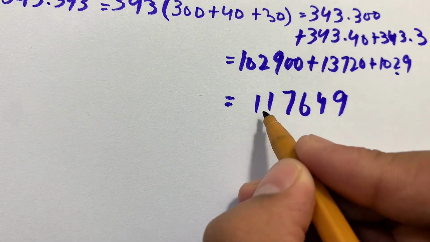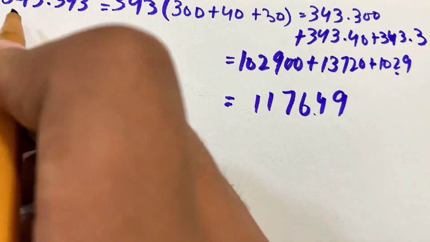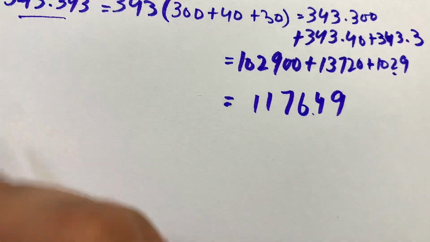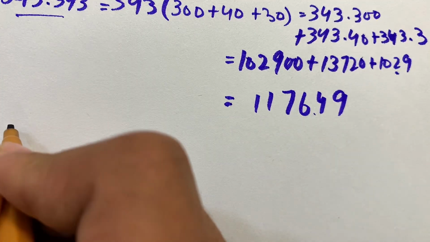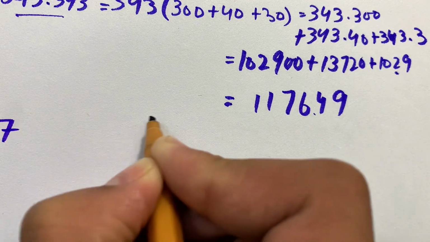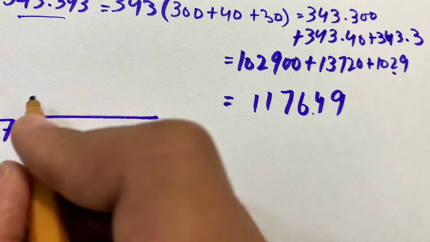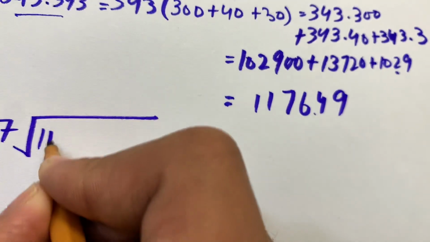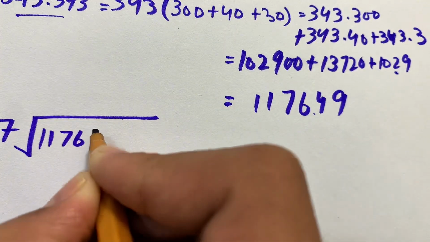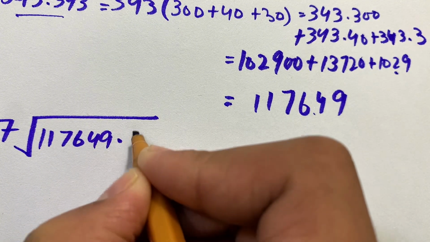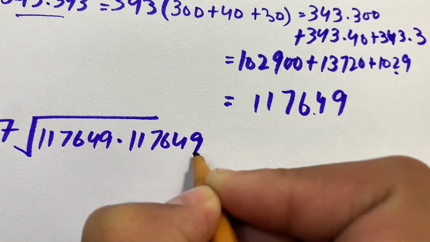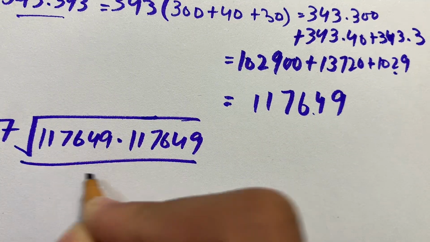Into 6, 4, 9 is also equal to 343 multiplied by 343. That's 7 into 11, 76, 9 into 11, 76, 9 divided by 7.